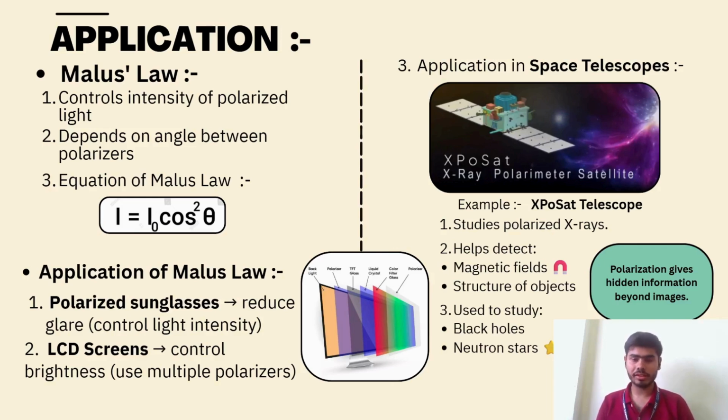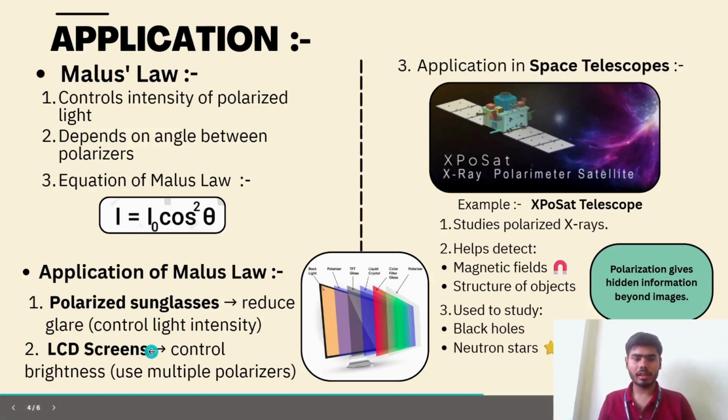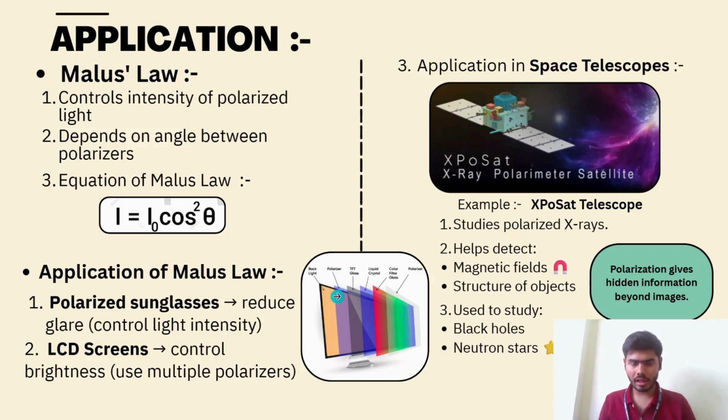LCD screens, which we observe in mobile phones, laptops, TVs and various electronic devices. There is brightness on the screen, and to control the intensity we need a polarizer. In the image it is visible that there are two polarizers, one at the back and the green one at the front.